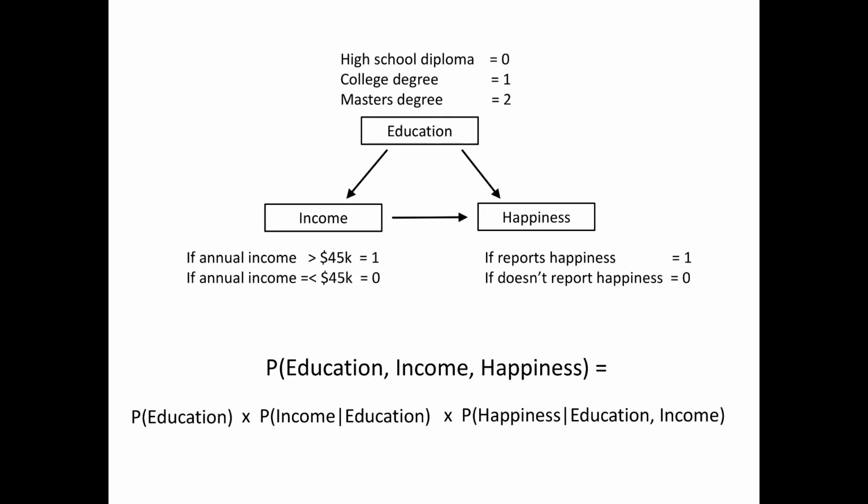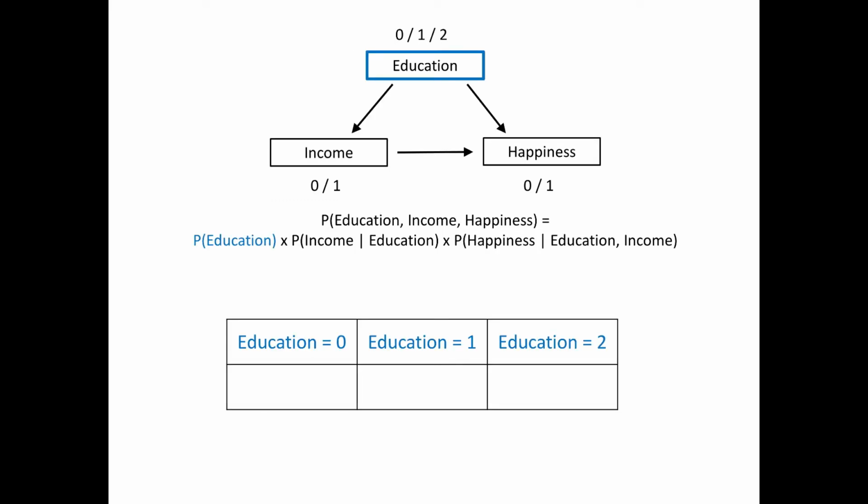The joint probability distribution will be factorized in the same way, but now the conditional probability tables for each of the 3 variables will change. The conditional probability table for education now has 3 columns, given that education can take 3 different values, and as before, just 1 row, because education does not have any parent, and thus no variables in the conditioning set.